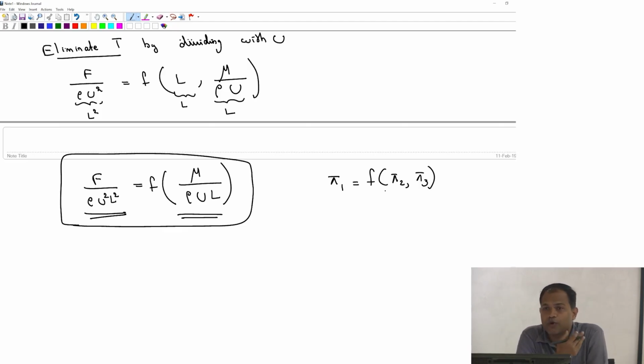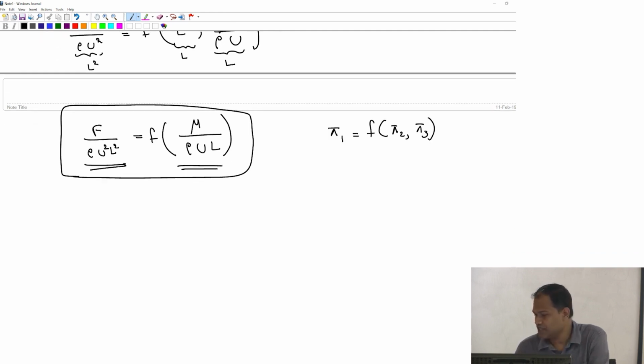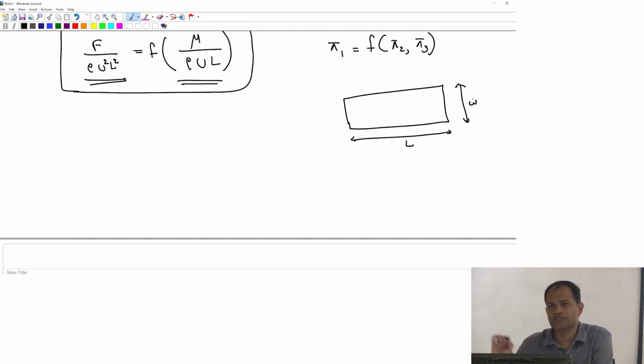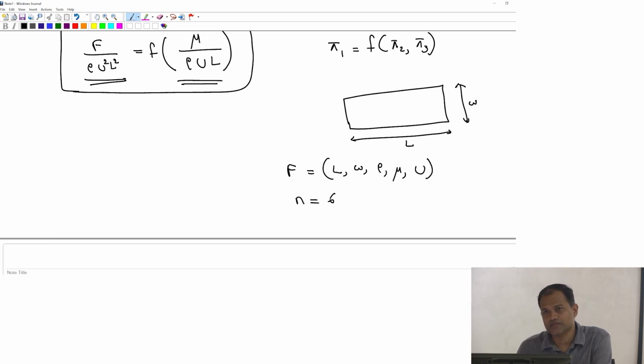So, originally if your problem contained 6 variables, let's take the same situation, let's say, so you only asked last time probably that if the shape was different, let's say that it has a length L and let's say a width W, let's say the third dimension is also W, then our f is going to be a function of L comma W comma rho mu U. So, here n is going to be 6, okay.